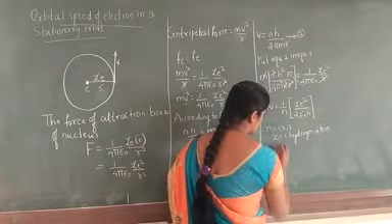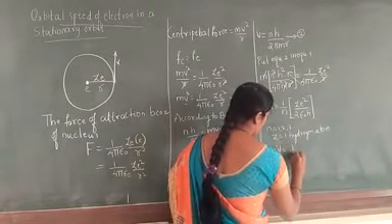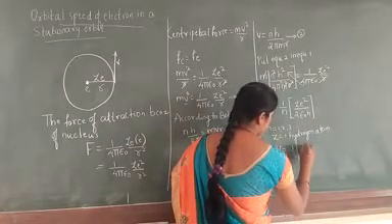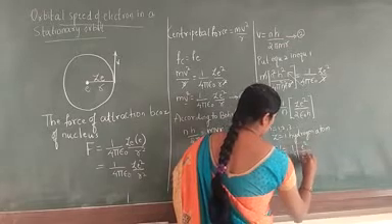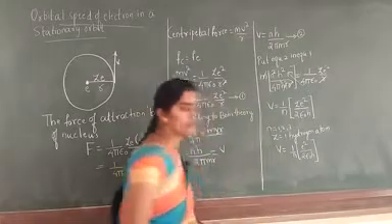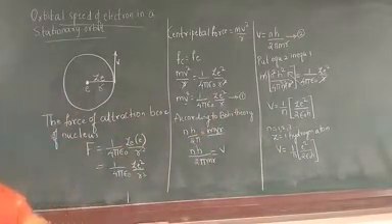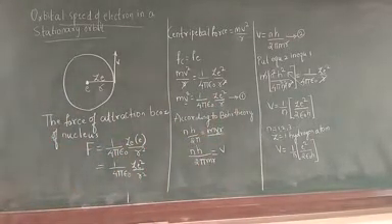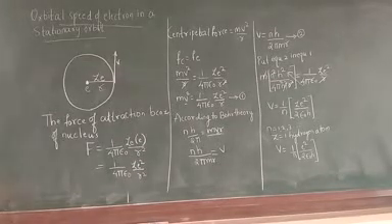Therefore, v is equal to 1 by n into e square divided by 2 epsilon naught h.